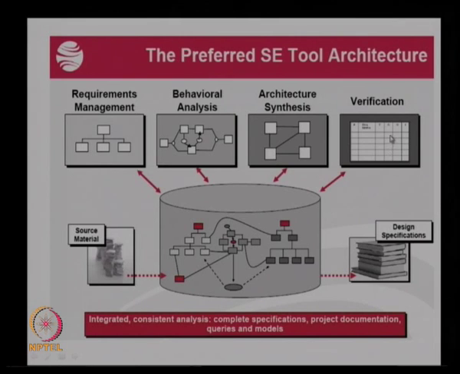All the other interactions will be through the database, and therefore this common database helps to have proper control of the data, and data management becomes very easy in this case. So an integrated consistent analysis, which gives complete specifications, project documentation, queries and models, everything will be directly coming from this common database.